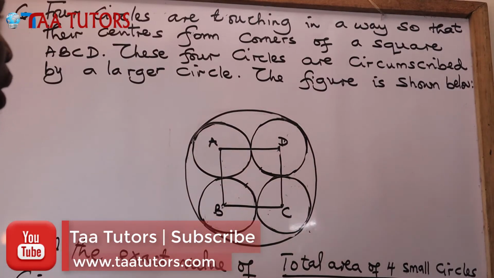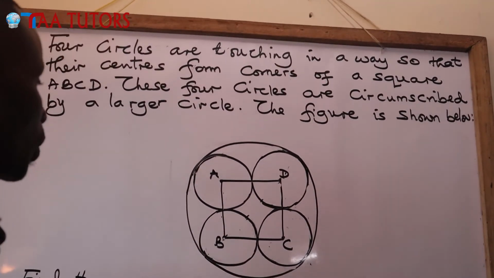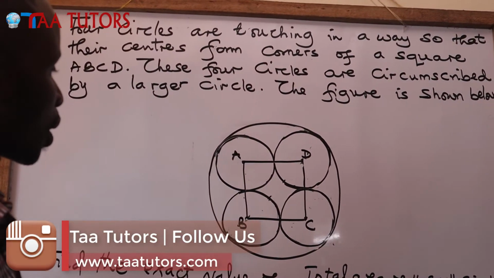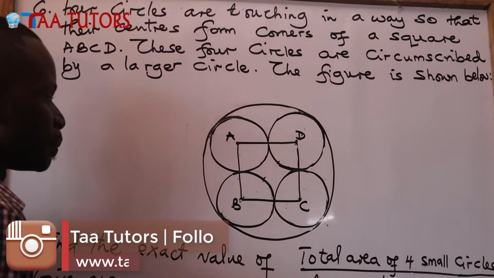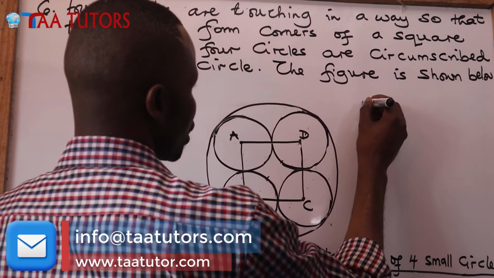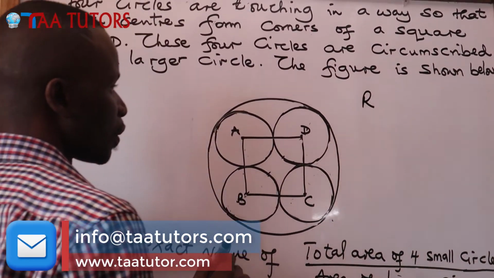Now, viewers, let's look at example 6, which is the final example. Before we go there, I want us to analyze this diagram to understand everything that is here. We know that there are two radii here.